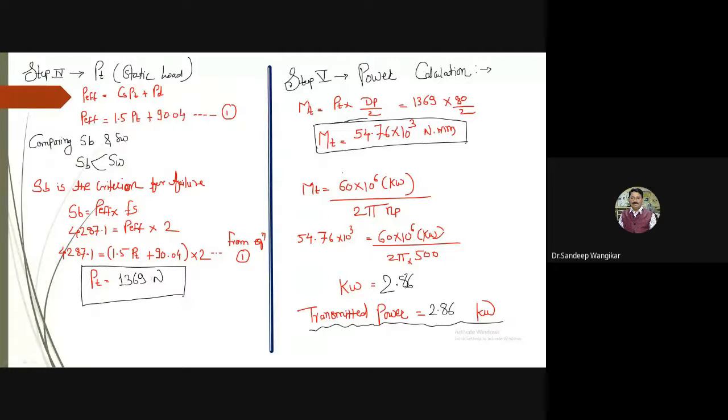Then the static load we have to calculate. We have compared SB and SW and calculated the static load, and then we have calculated EMT, and finally we have arrived at kilowatt.